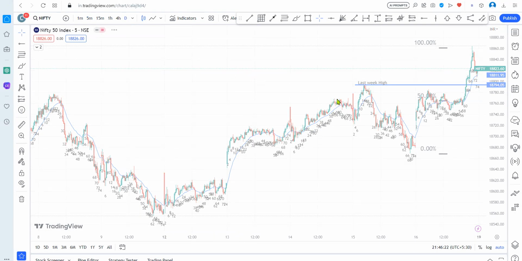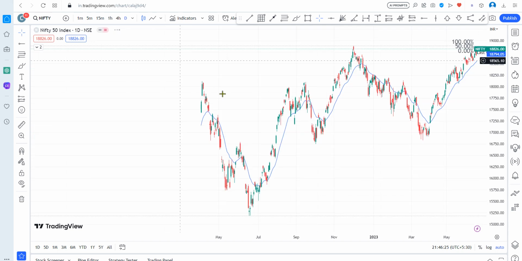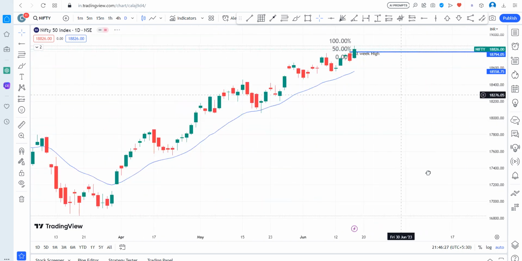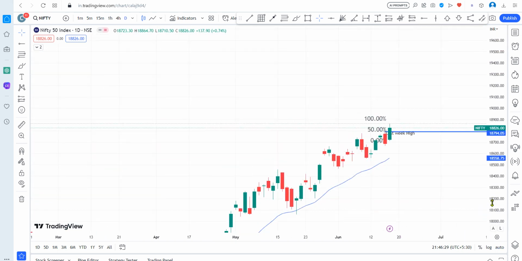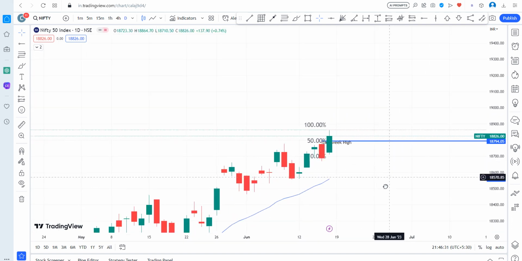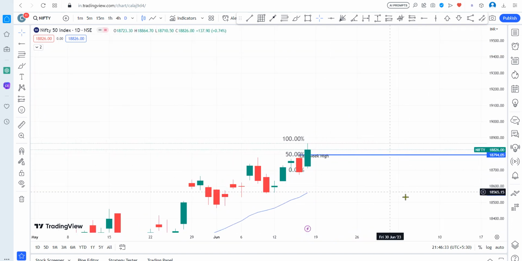As we discussed, this is a bear bar. This is the last bar of the week if we consider the daily candle.